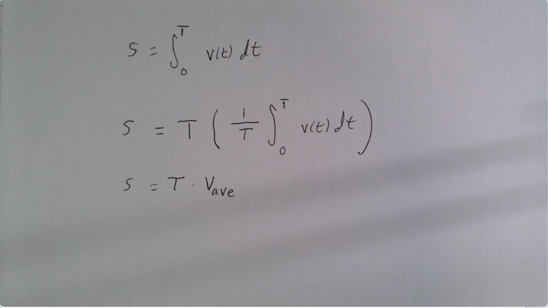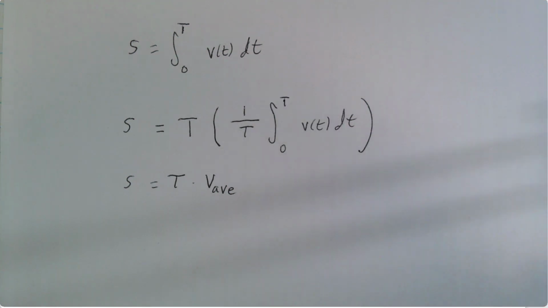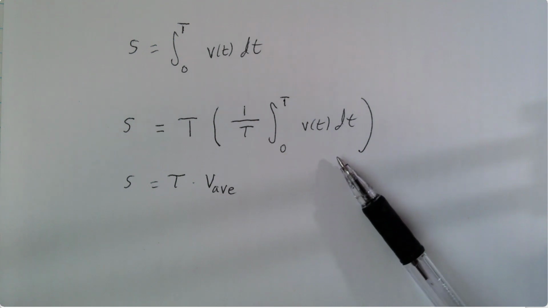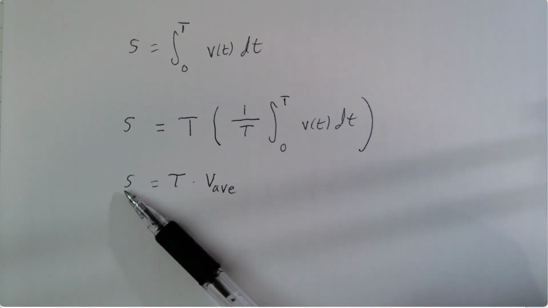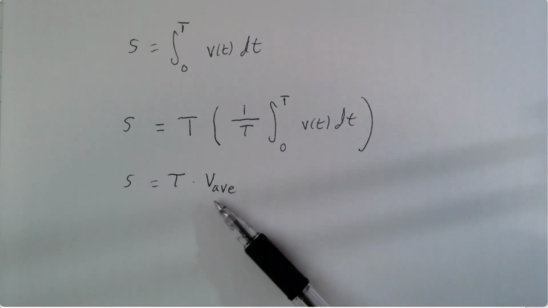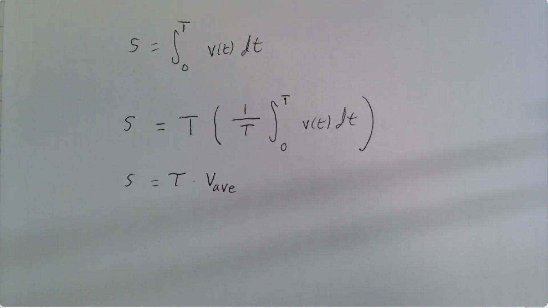I don't know if this is a good analogy, but if you think of the distance a particle has moved, if it has velocity v, you can find it by doing this integral. But another way to think of it is, if you computed the average velocity, then the distance a particle travels is the time it's traveled times its average velocity during that travel. Yeah, what a brilliant analogy.